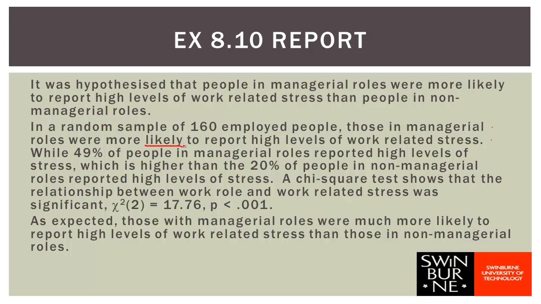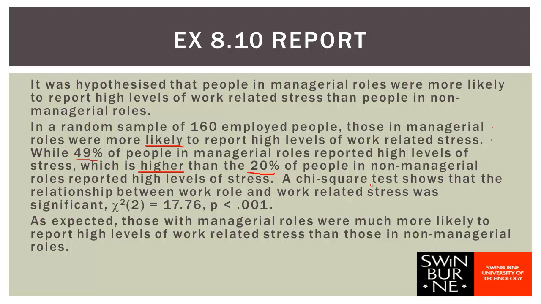There's our keyword likely, without quoting percentages. Then we quote the relevant percentages. This time it's the high stress for managerial, high stress for non-managerial. Again, keyword, we've got a higher in there, so we're actually doing a comparison. We're not just saying what the percentages are, we're saying which one is bigger.